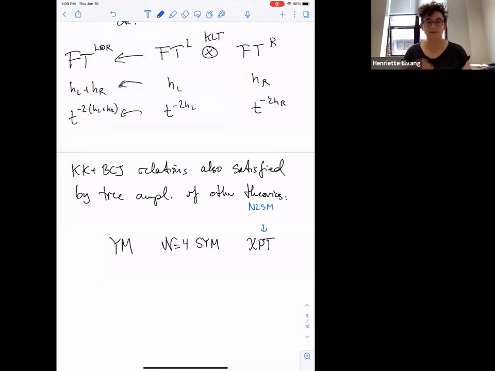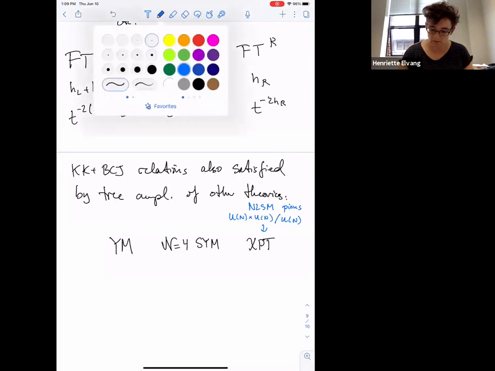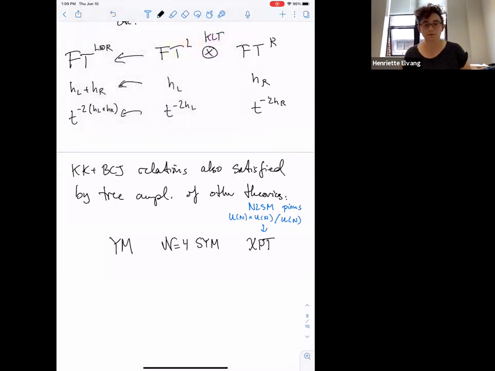And this is actually that color-ordered adjoint model. In particular, it's a model that arises from the spontaneous breaking of U(N) times U(N) to a diagonal U(N). So actually, this is a model that describes low energy pions. Okay, so these are examples of theories I can use for input in my double copy.